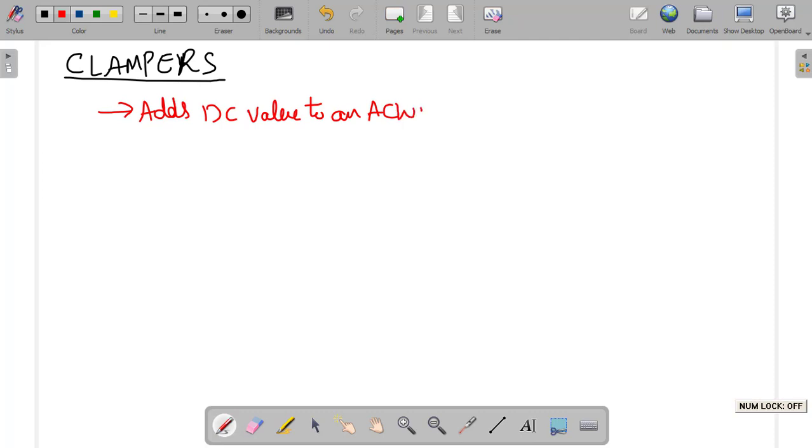This is what the clamper does. It will add a DC value to an AC waveform, but it will not change the shape of the waveform.